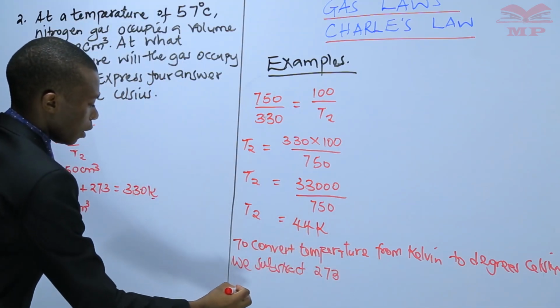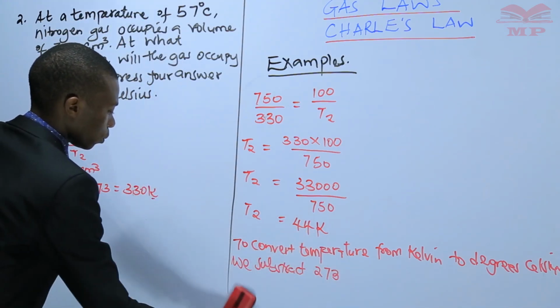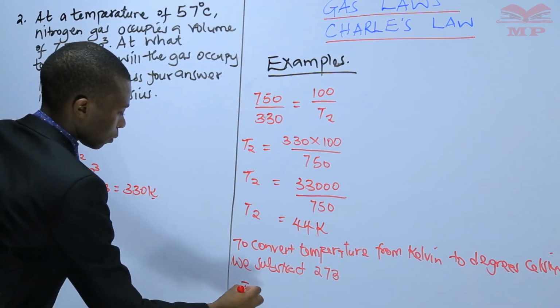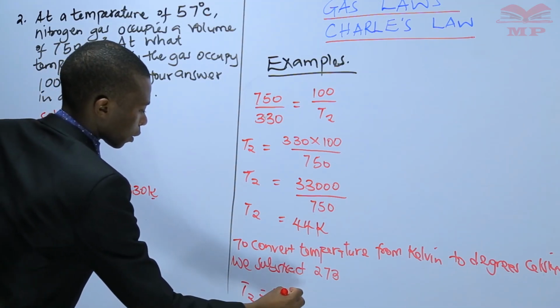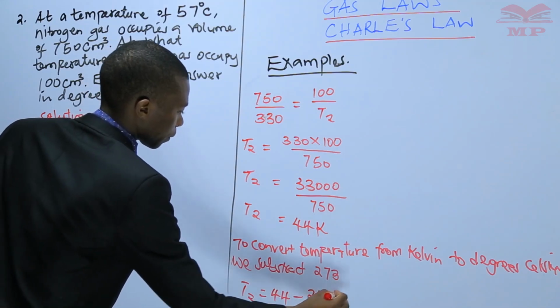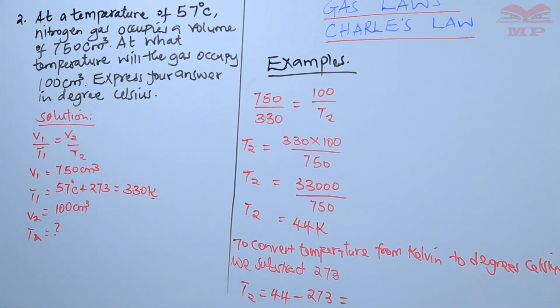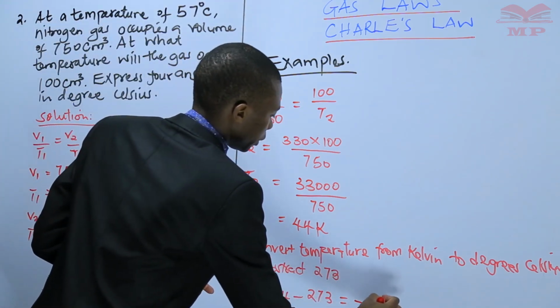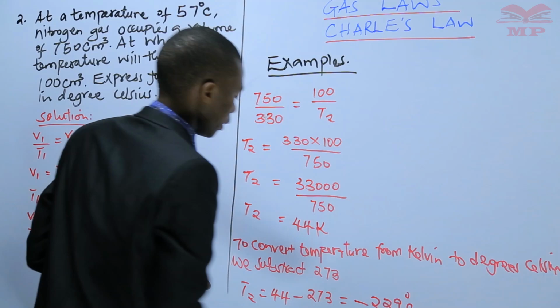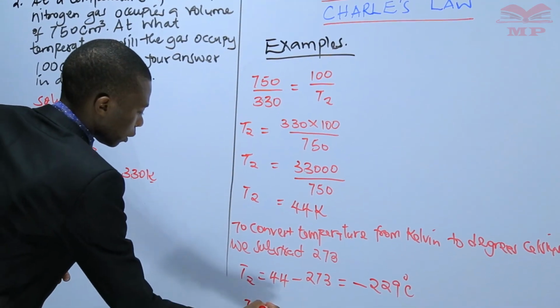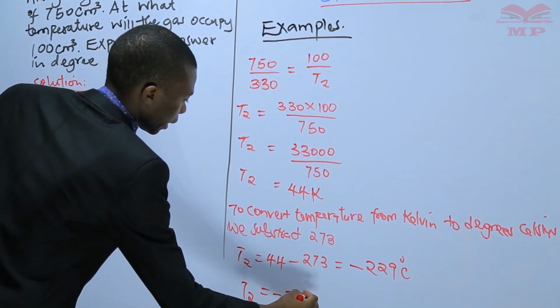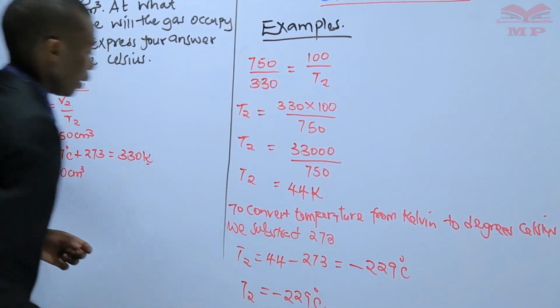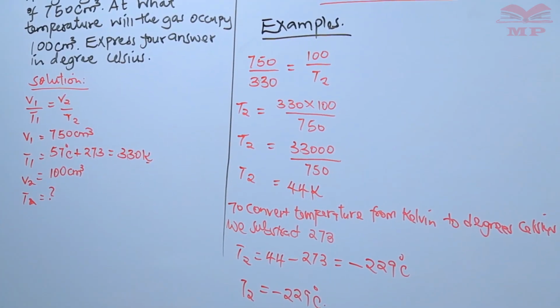Therefore T2 will be 44 minus 273, and this will give you negative 229 degrees Celsius. Therefore, our T2 is negative 229 degrees Celsius. That is the temperature in degrees Celsius.